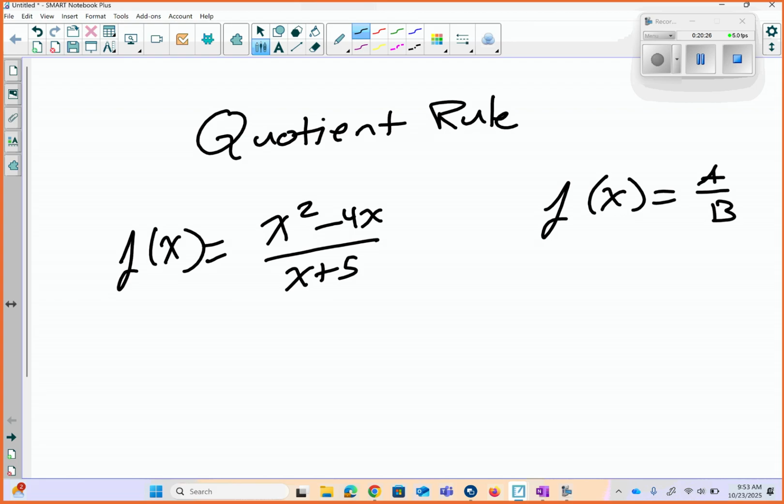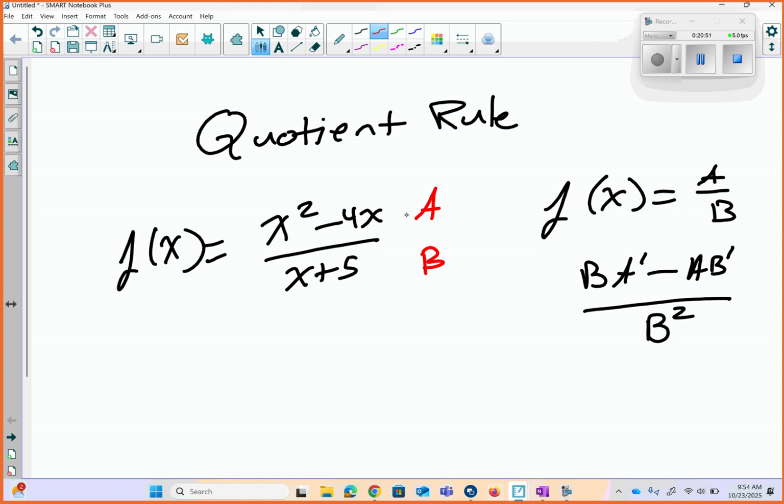You're going to take the bottom times the derivative of the top, minus the top times the derivative of the bottom, and then it'll be the entire bottom squared. Now, let's apply that to what we just did. As far as this problem goes, this is A, this is B. Agreed?